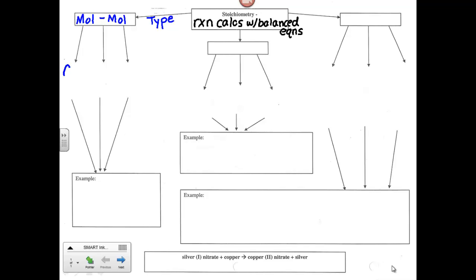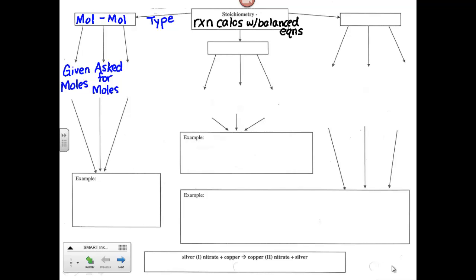Well, first of all, you would be given an amount in moles in the question. You would be asked for an amount of moles in the question.